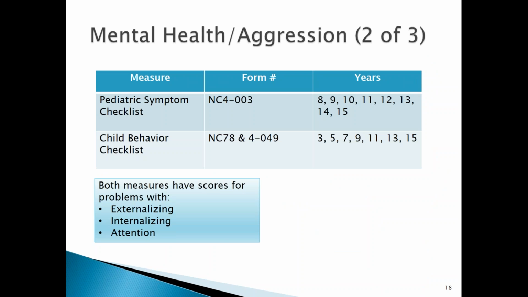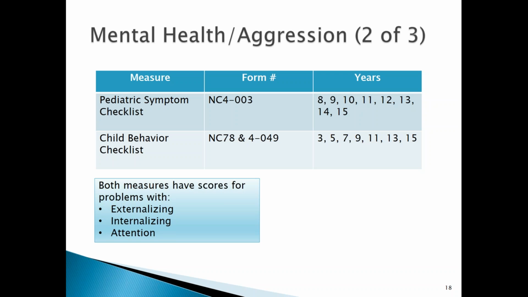Another couple of measures that I wanted to highlight are the Pediatric Symptom Checklist and the Child Behavior Checklist. The nice thing about these is that they are conducted at many time points. For example, the PSC is at years 8 through 15, and the Child Behavior Checklist is on odd years from 3 to 15 years of age.